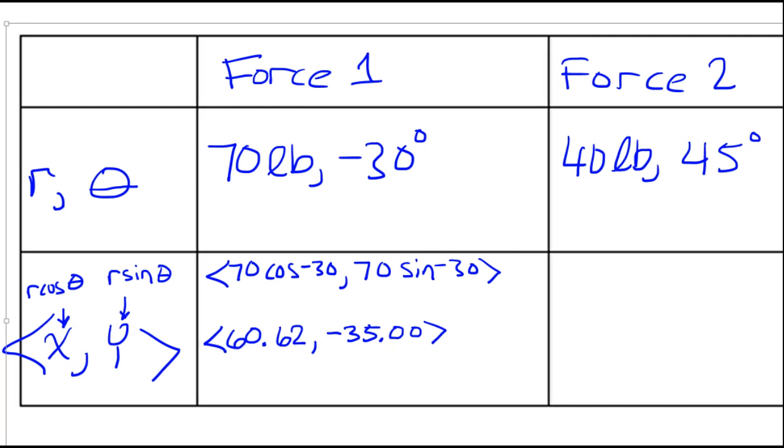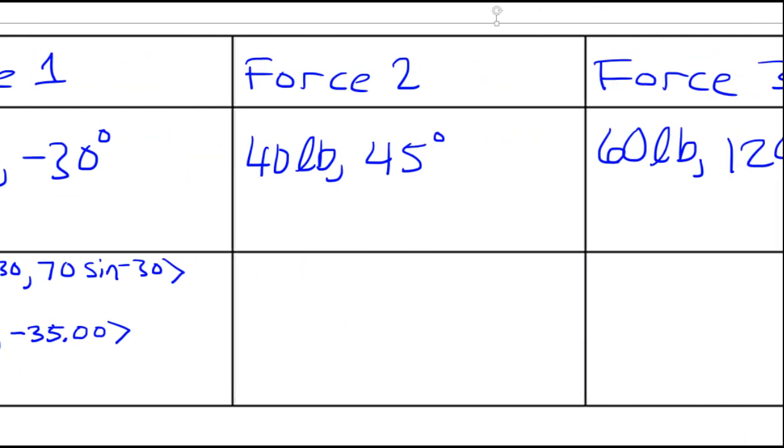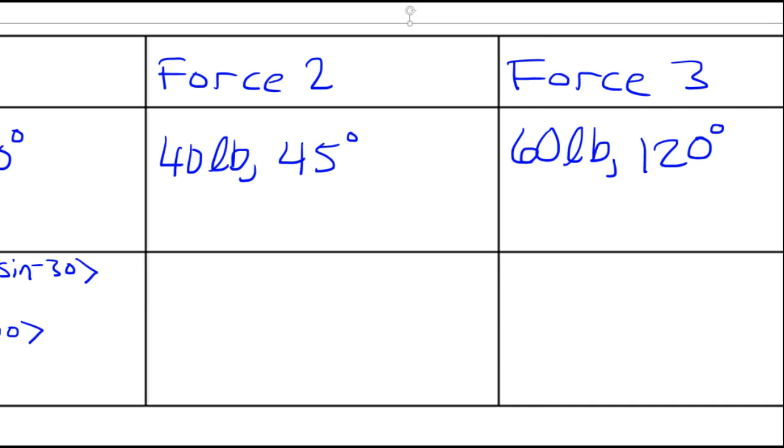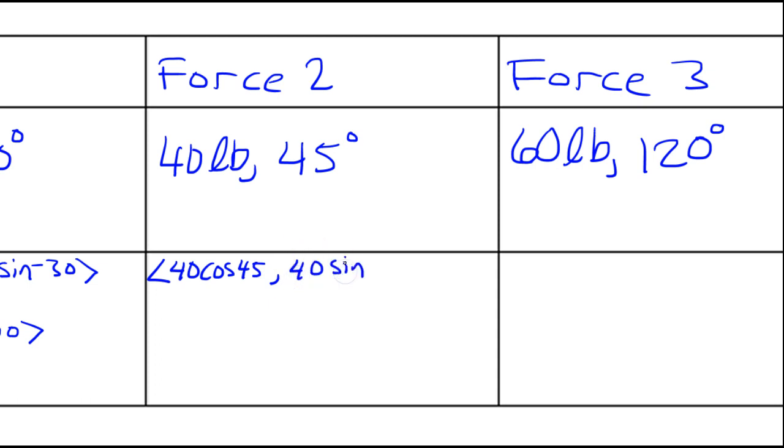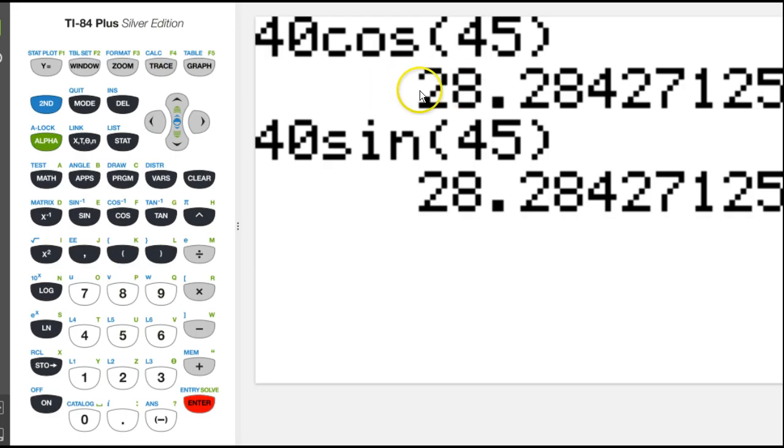Now let's do the same thing for force 2. Again, for component form, we just need to do r cosine theta and r sine theta. So that'll be 40 cosine 45, comma, 40 sine 45, and calculator. So the horizontal component is 28.28, and the vertical component is also 28.28.